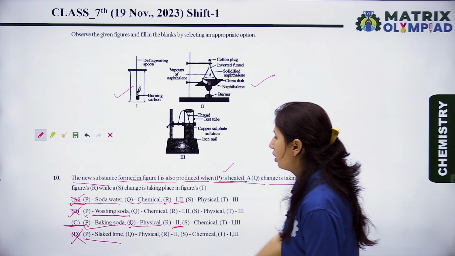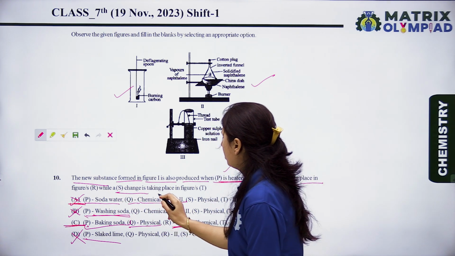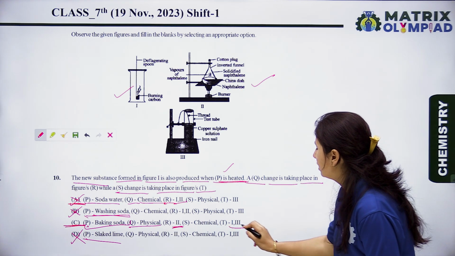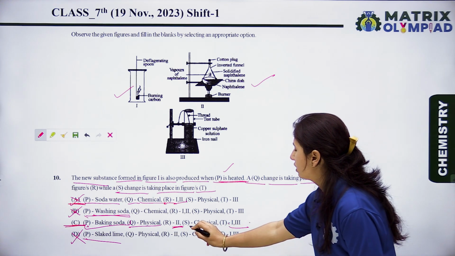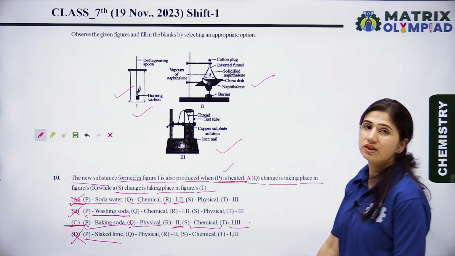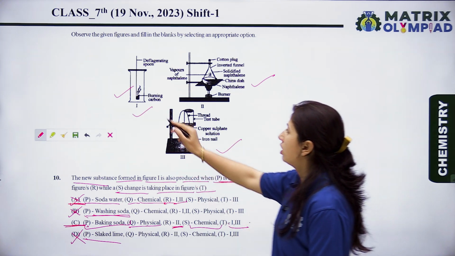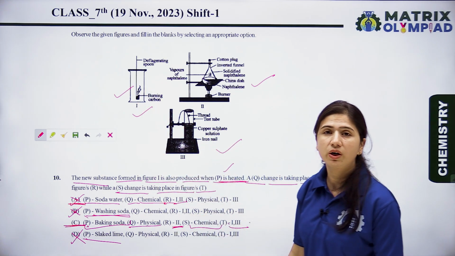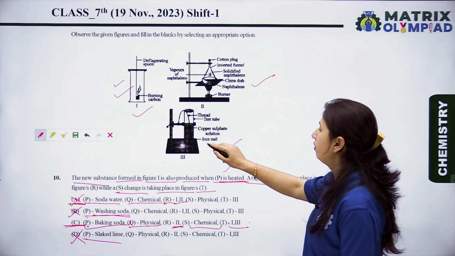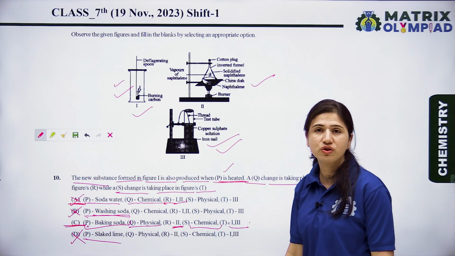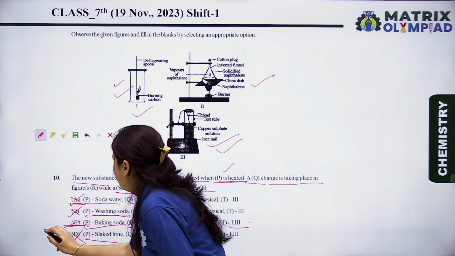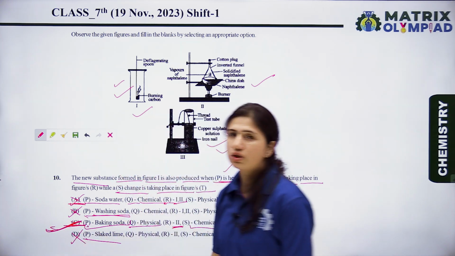Now let's see the remaining one: change is taking place in figure T. In figure T, meaning in the first and third, there is a chemical change, because in the first container carbon is burned and carbon dioxide is produced. And when we put the iron nail in the copper sulfate solution, it is also a chemical change. So option C is the right option for this question.